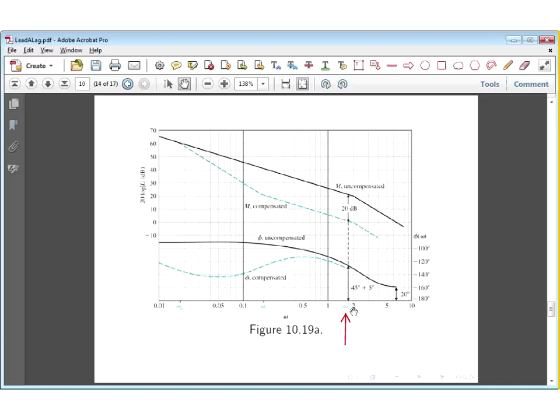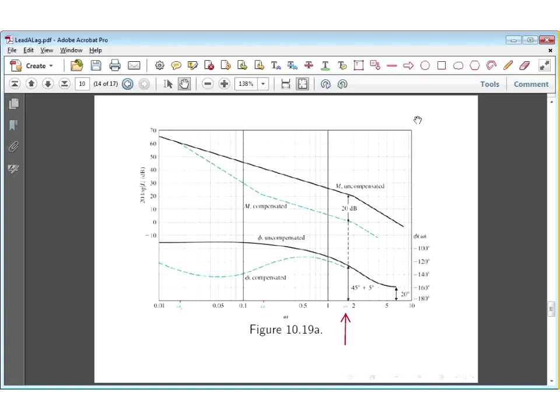So this is the frequency where I would like my magnitude curve to drop through 0 decibels. Because if it does, I will have perhaps not 50 degrees, but at least 45 degrees, because I'll sacrifice 5 degrees by having the zero 1 decade below my omega sub c.